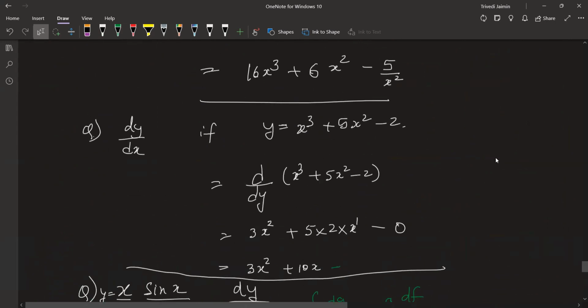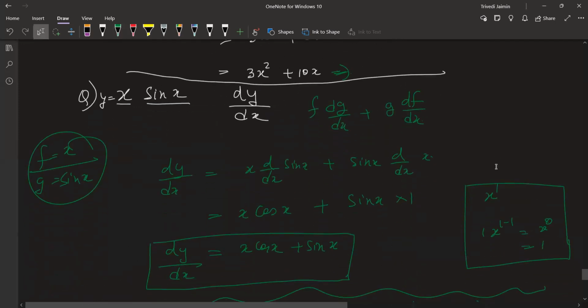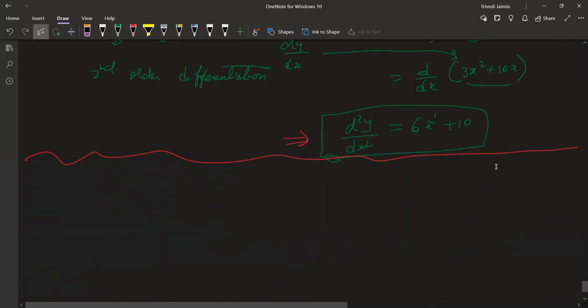We are differentiating this value to find the second order. This 3x squared plus 10x, we are again differentiating. That is what we are doing. The name is second order.